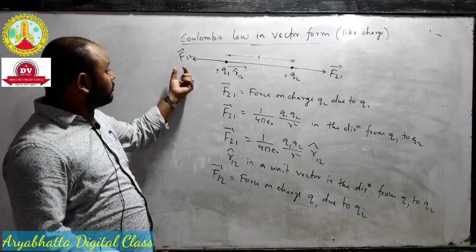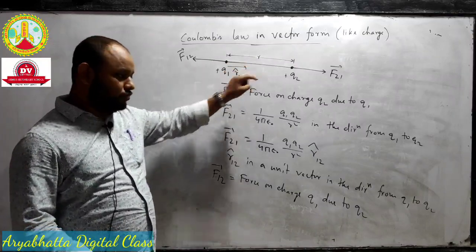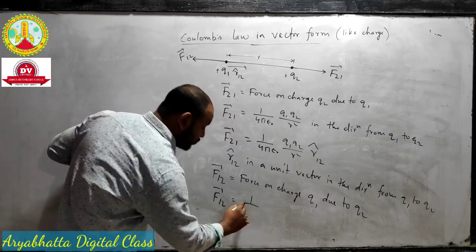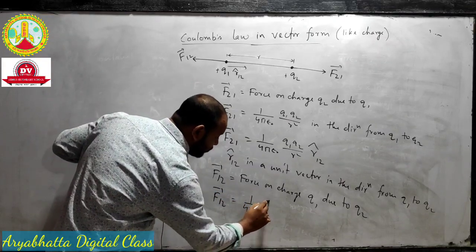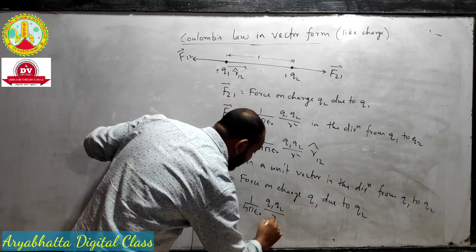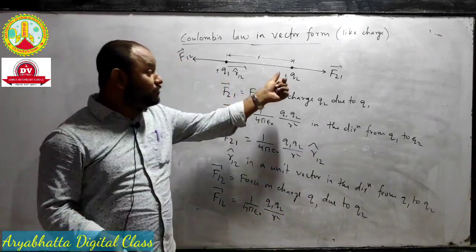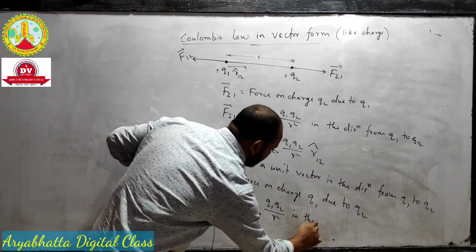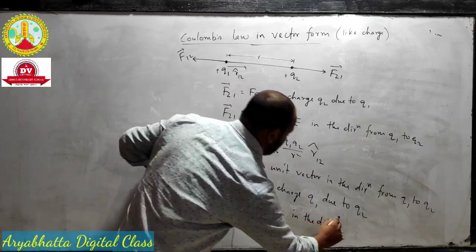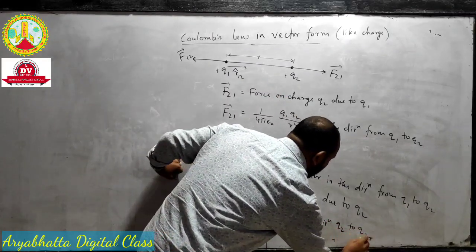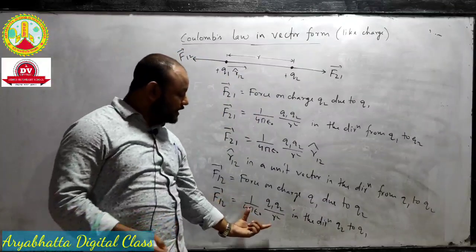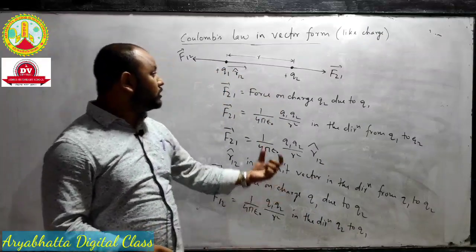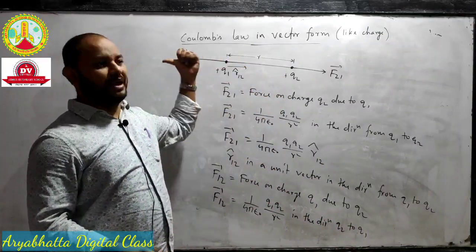The magnitude of the force is 1 by 4 pi epsilon naught Q1 Q2 divided by r square, and the direction of the force is from Q2 to Q1. This is the magnitude, and this is the direction in which Q1 is repelled.